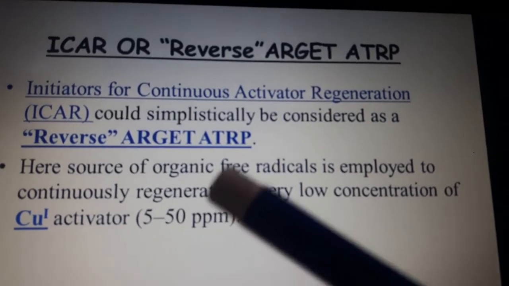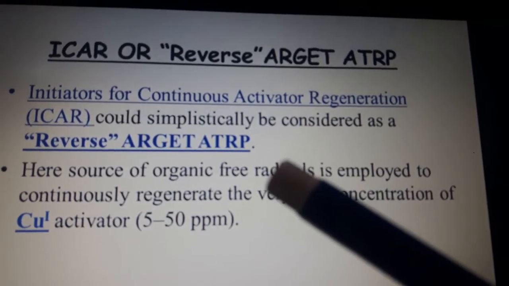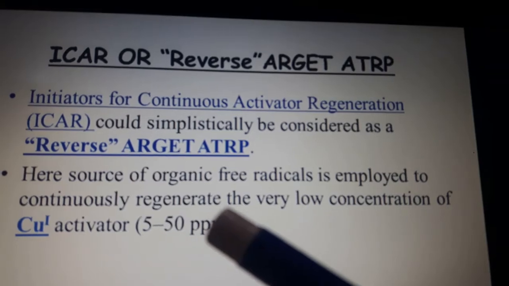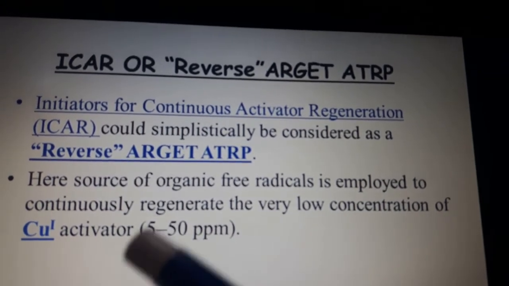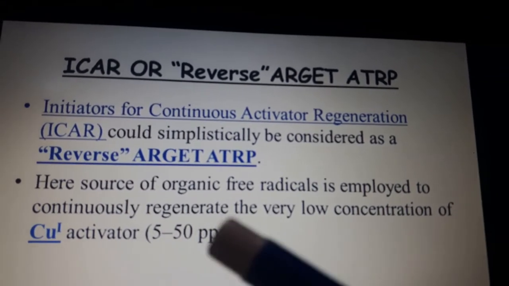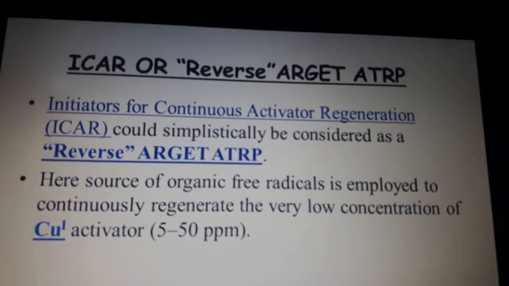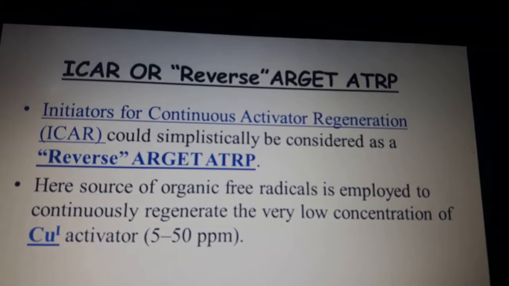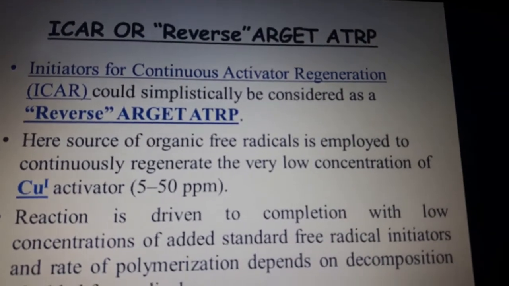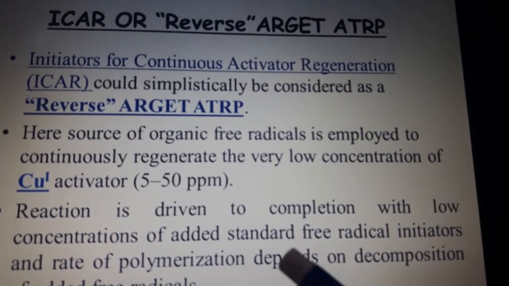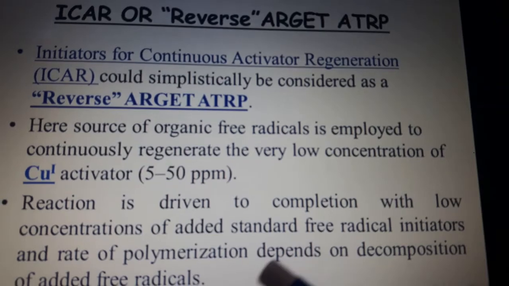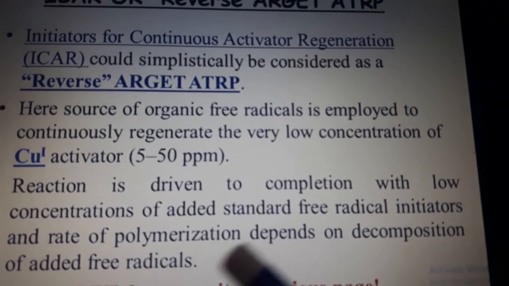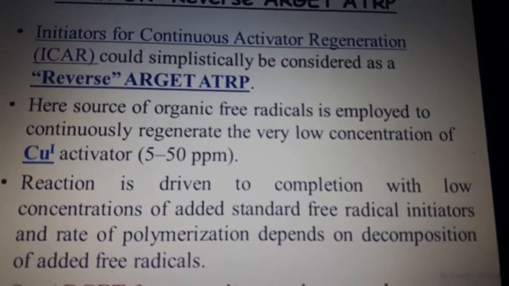So the free radical is added, and this can generate the activator when it reacts with the higher oxidation state transition metal complex. The reaction is driven to completion with a low concentration of added free radicals, and the polymerization rate totally depends on the decomposition of this, or the production of this free radical.